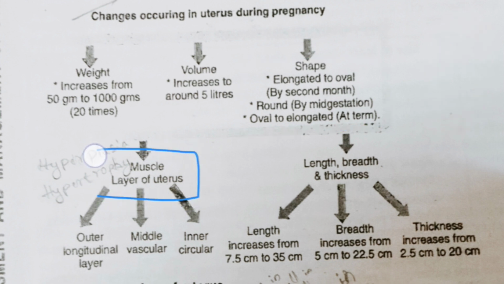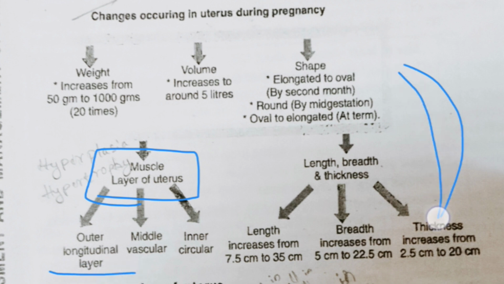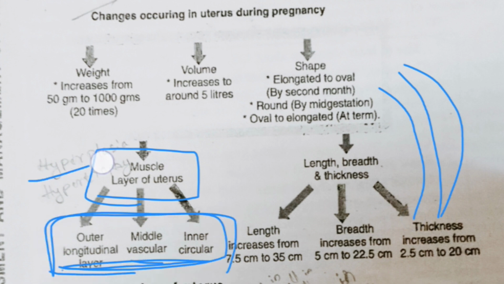Next, the muscle layer of the uterus. The uterus has 3 muscle layers: the outer layer is known as the longitudinal layer, the middle layer is known as the vascular layer, and the inner layer is known as the circular layer. These layers undergo hyperplasia and hypertrophy, that is, increase in number of cells and increase in the size of the cell.